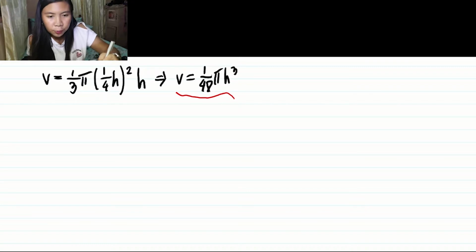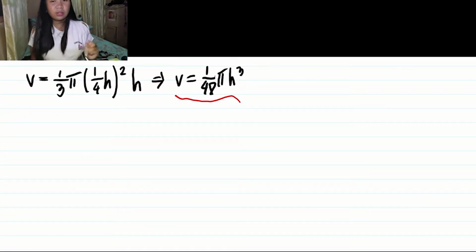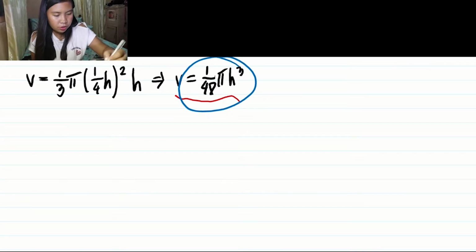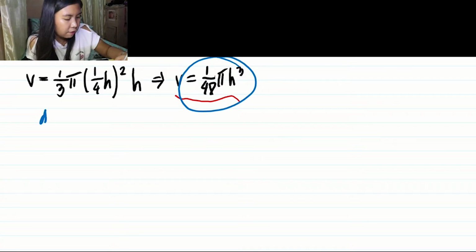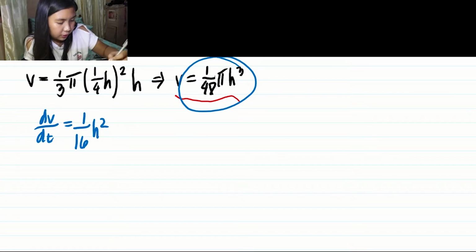From this formula, the next step is to differentiate both sides of this equation with respect to t. This becomes dV over dt equals 1 over 16 pi h squared times dh over dt.